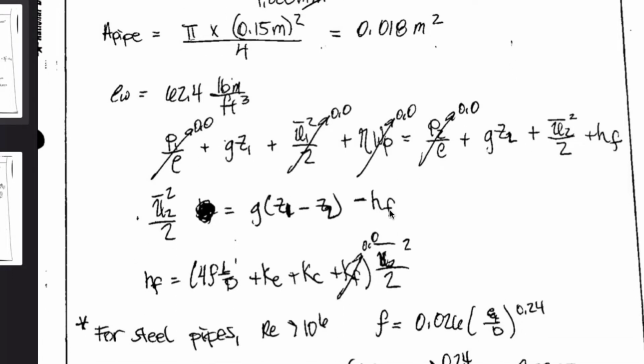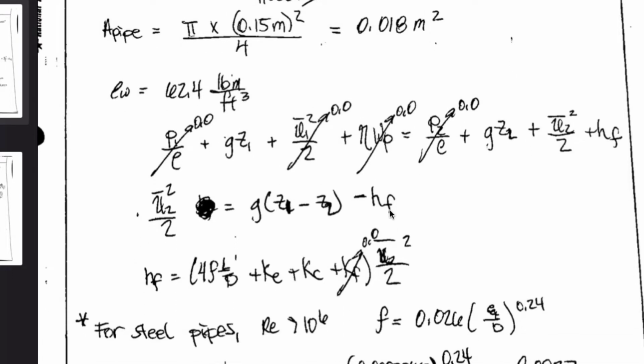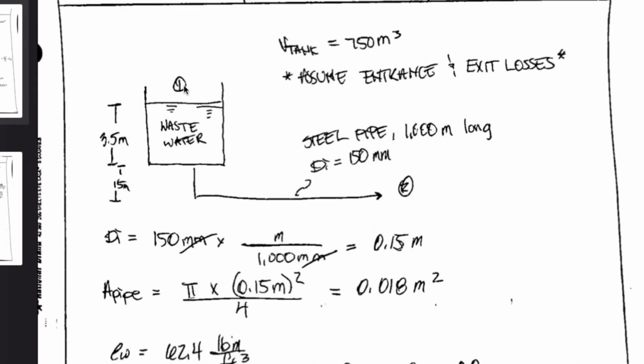And so I did a mechanical energy balance. We know basically gravity is the main component pushing that water down. Our points: point one, the surface of the tank; point two, the discharge.